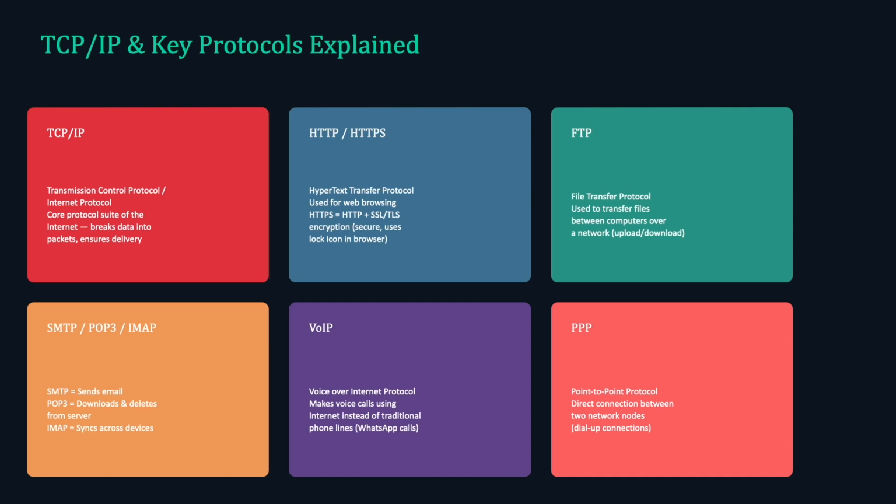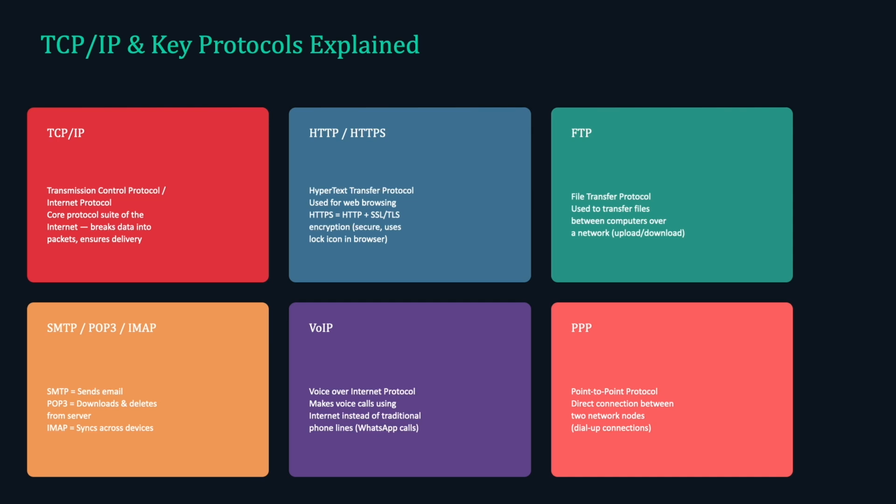That's why you see the lock icon in your browser. FTP transfers files, upload or download, between computers. SMTP sends email, while POP3 downloads and deletes from the server. And IMAP synchronizes email across multiple devices.